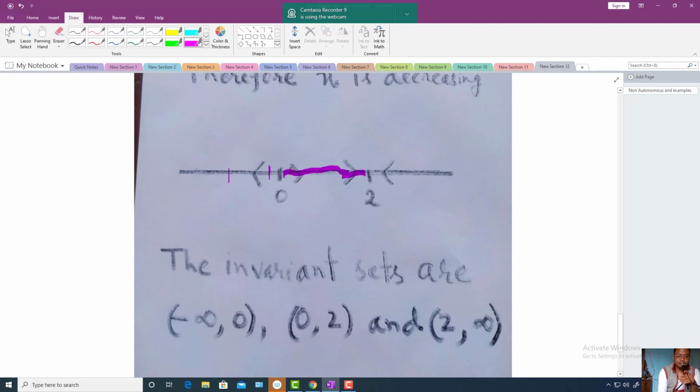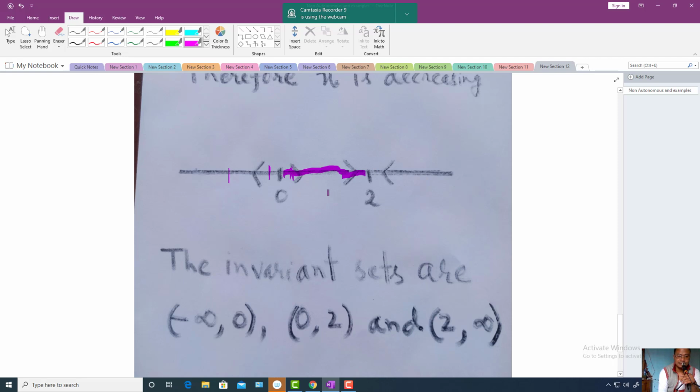A point here cannot cross this fixed point and come this side, because it is coming this way. Again a point here cannot cross 2. It will be converging toward 2. After 2 it is a fixed point, means it will remain there forever.